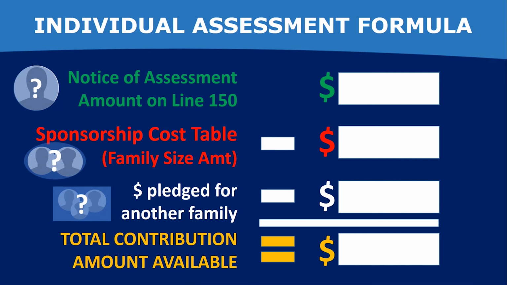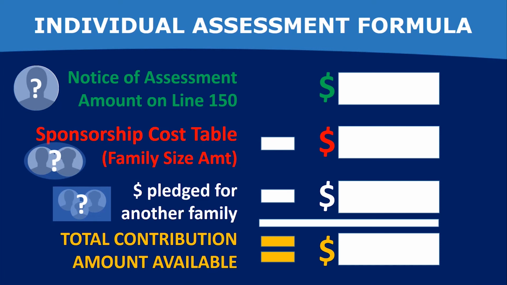They take a look at the individual's notice of assessment, and they're looking at the amount of gross income that is listed on line 150. Then they're going to take a look at how much money his own family needs to live on in general. It's an estimate.